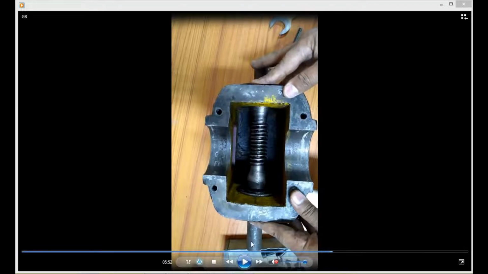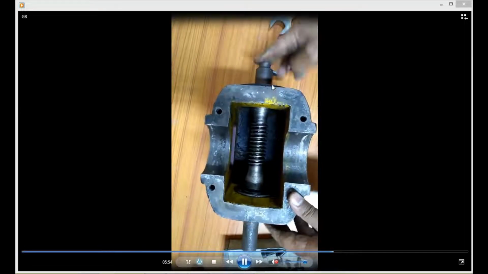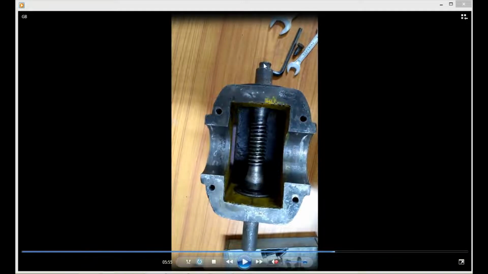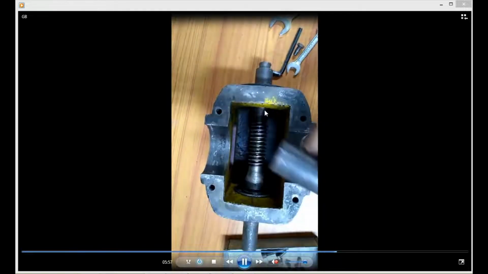You can apply force at the end of this shaft by using the mallet, so it will come in the forward direction, meaning the bearing as well as the shaft come outside the lower casing. By using the mallet you can apply the force, so the shaft comes out from this casing. In this movie I am not showing how to remove that shaft, right?